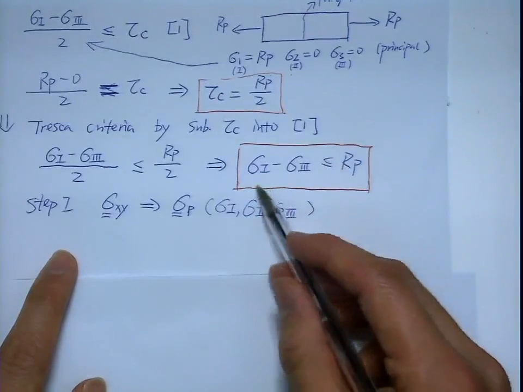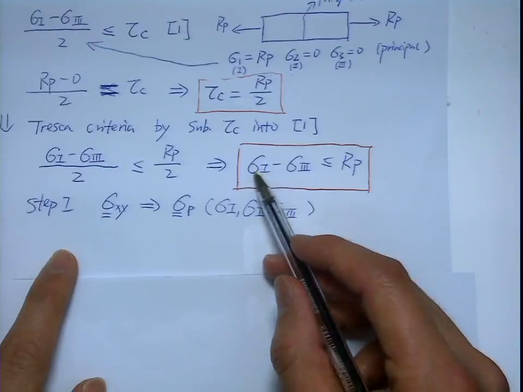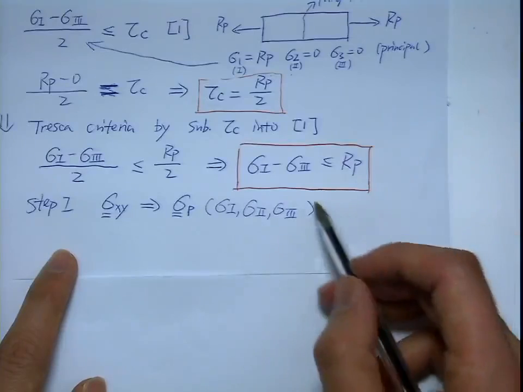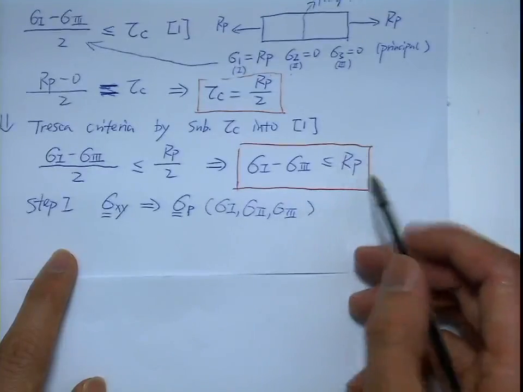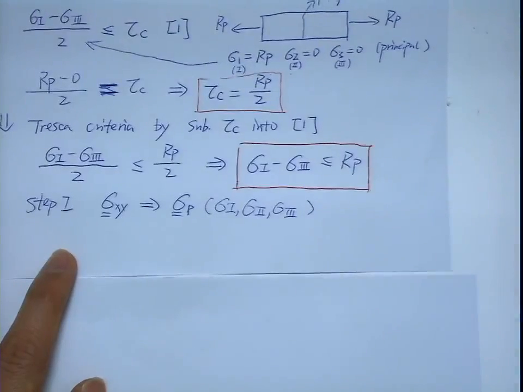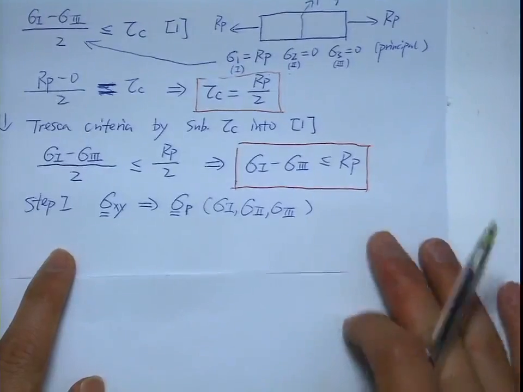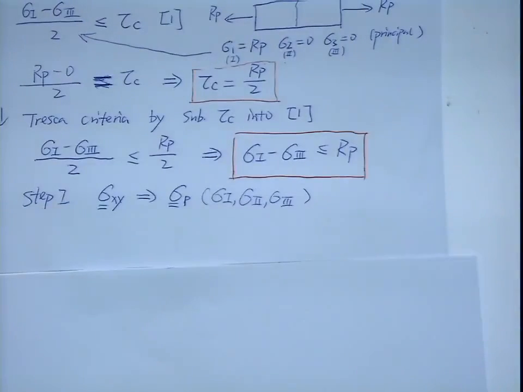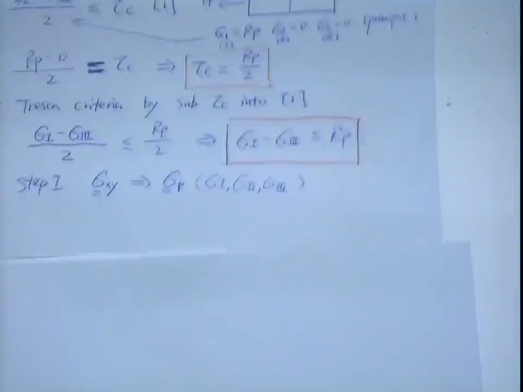Then work out sigma 1 minus sigma 3. If this value is smaller than your yield strength, the material is safe. Otherwise, it starts to yield. Okay? So looks very simple.